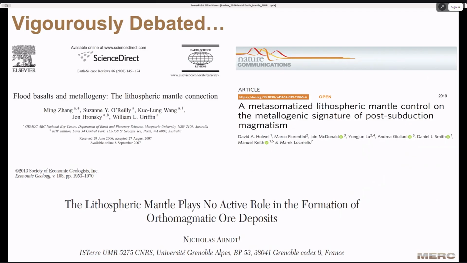And then recently this has been resurrected by Dave Holwell and Marco Fiorentini and colleagues as a way to sort of form some, well, less important deposits. It would be generous, I guess. So they've basically got a signature of that. I'm not going to talk about that very much.